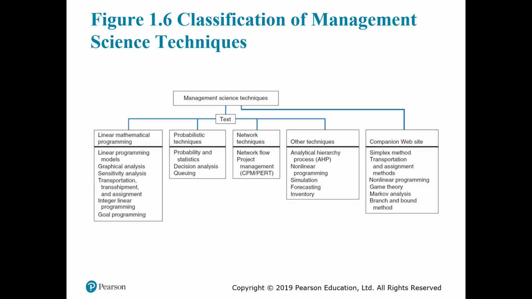Then we'll come and pick from one of the network techniques. We may not get time to do the probabilistic techniques. Probabilistic techniques make use of statistics to do the analysis.